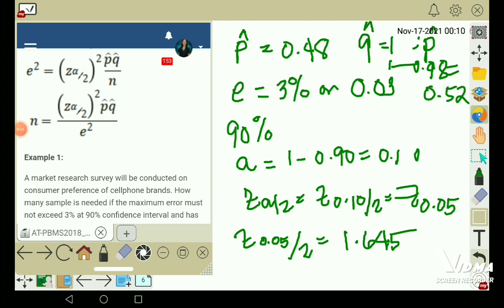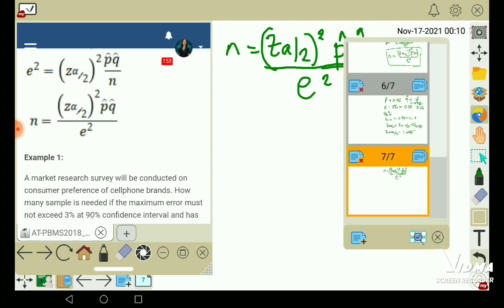Okay, so now we are going to apply the givens to our next slide here.